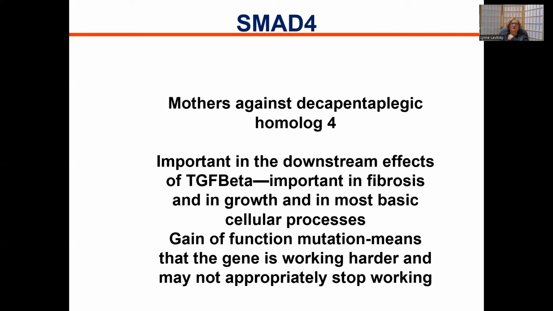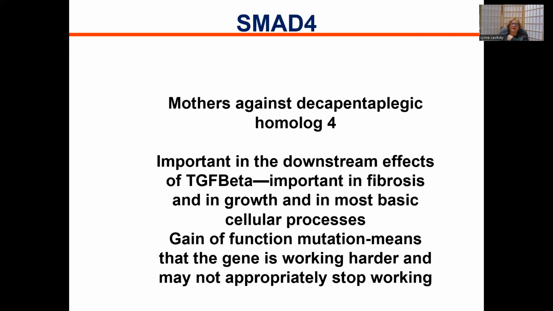Important for SMAD4 is that it works as one of the important messengers in the downstream effects of another very important gene, which makes a protein called TGF-beta. And this is important in fibrosis, which is, of course, a problem in people who have Myhre syndrome in that they develop fibrosis very easily.